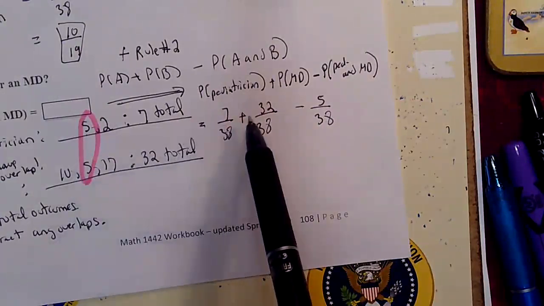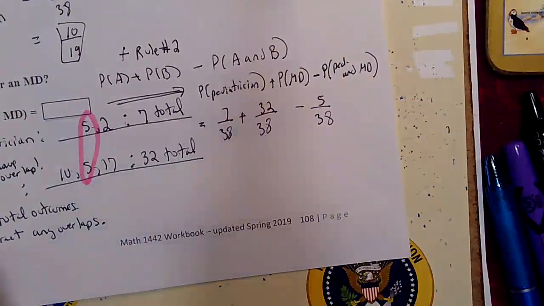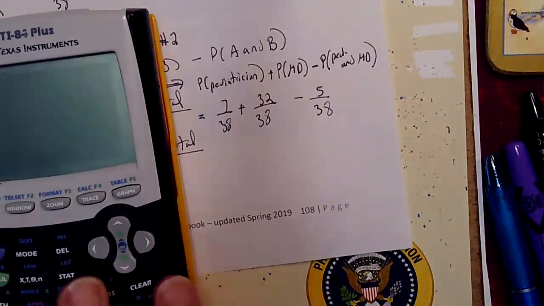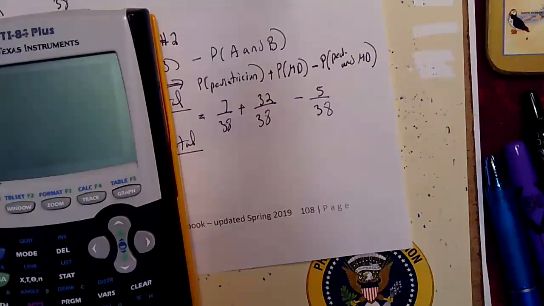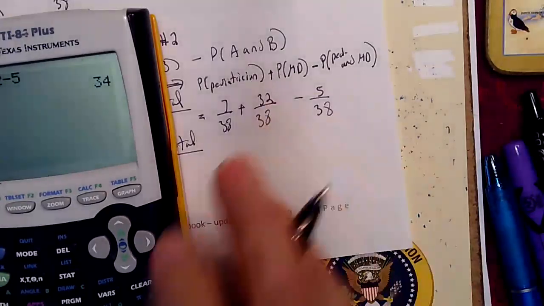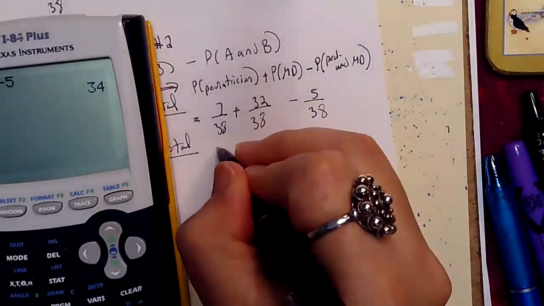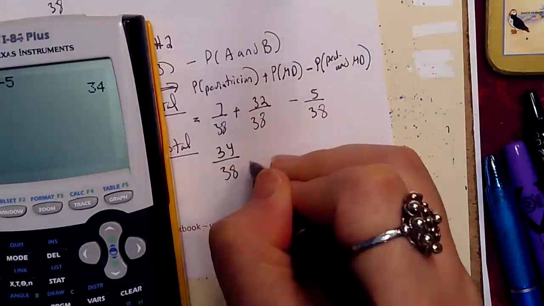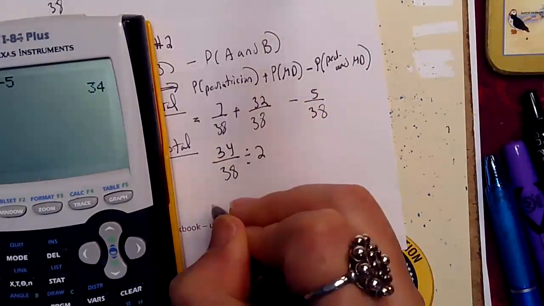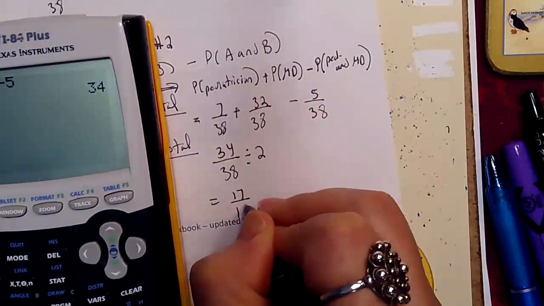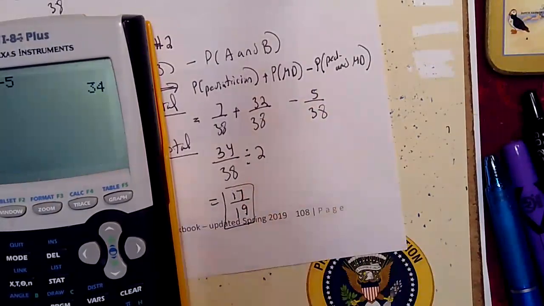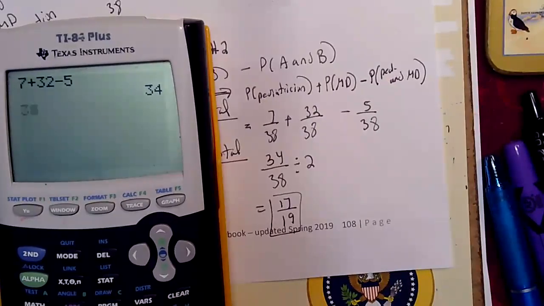So it's 5 over 38 that you subtract. So then when you get your calculator, you have 7 plus 32, take away 5, which is 34 over 38. And that reduces by 2, half of 34 and half of 38. Okay, so you just do 34 divided by 2, 38 divided by 2. Or you can do the math frac, and that would be fine.